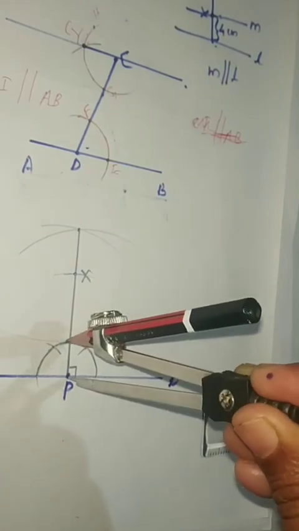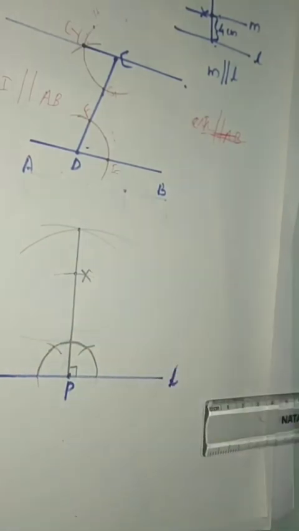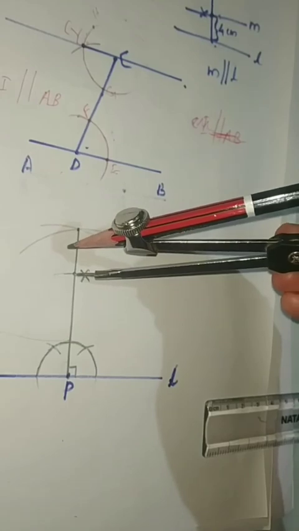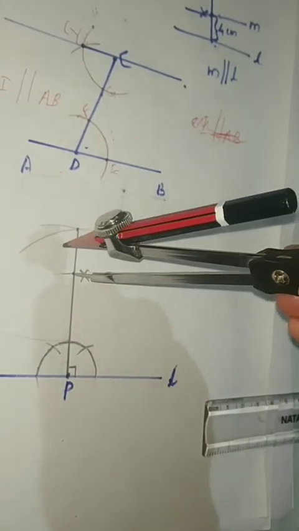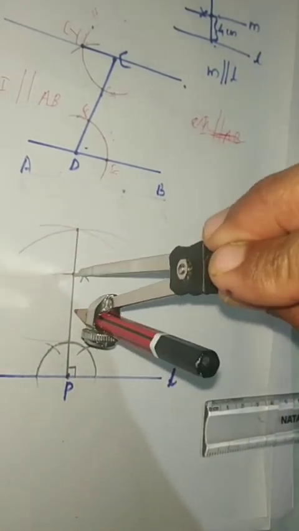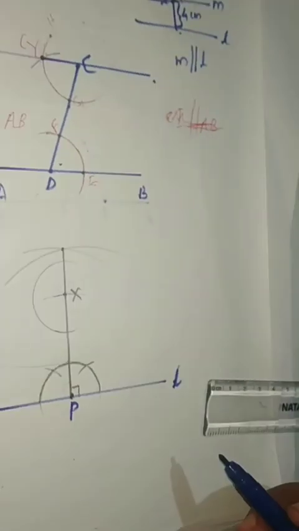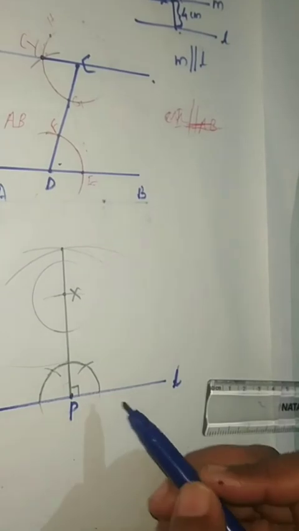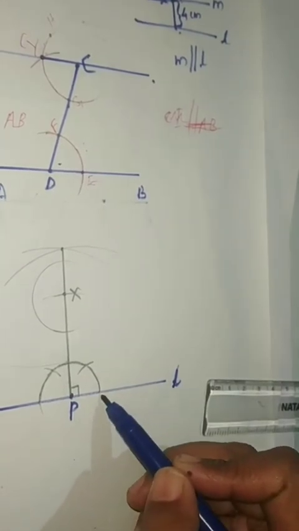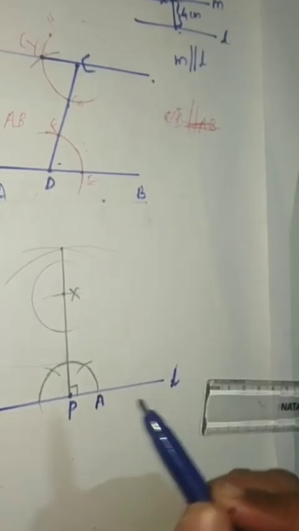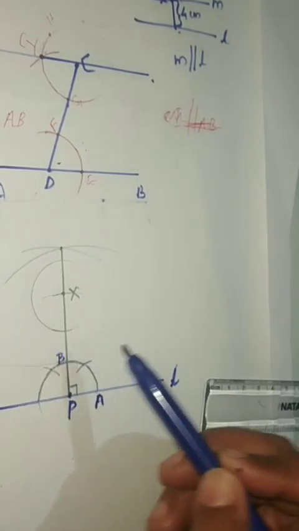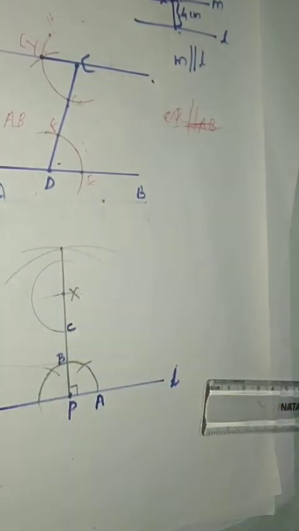Here we have to keep the compass point on this point, then draw an arc. We can mark these points A, then B. Here we can give it as C.